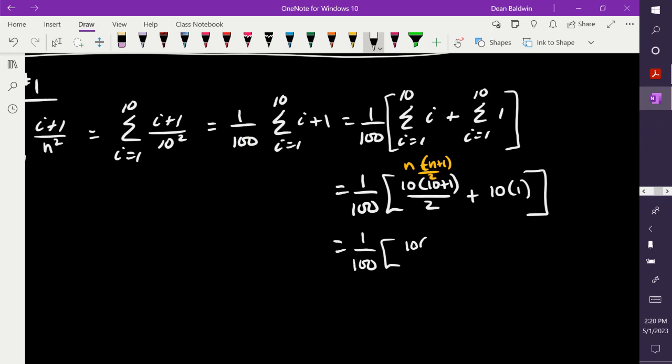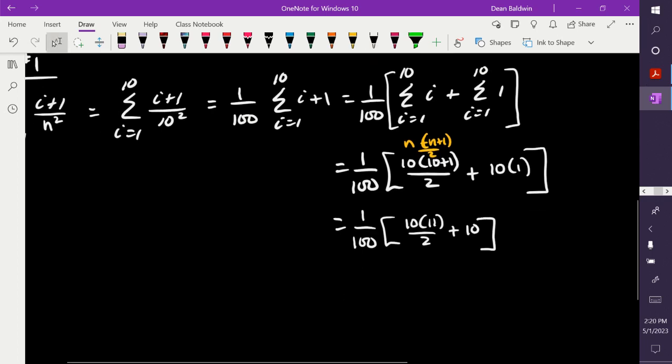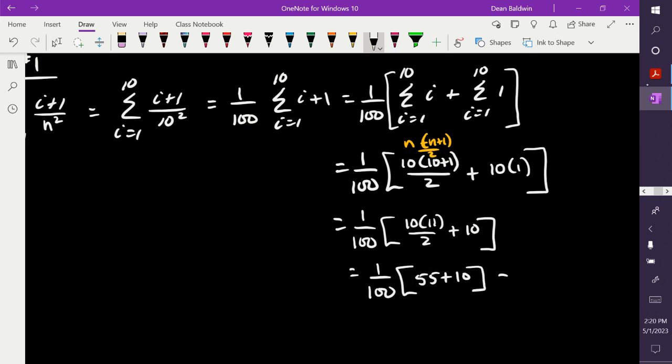That's going to be 10 times 11 over 2 plus 10. So it's 110 over 2, it's 55 plus 10. So 65 over 100, is that it?